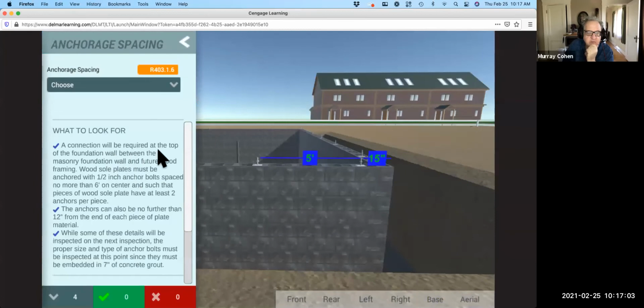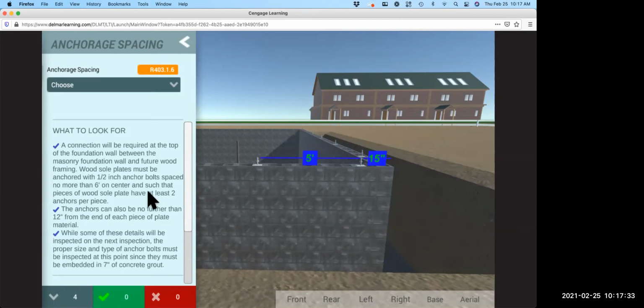A connection will be required at the top of the foundation wall between the masonry foundation wall and future wood framing. Future means that's going to come up. There's no framing there now. Wood sole plates must be anchored with a 1/2 inch anchor. So the sole plate is going to sit on top of this and have a hole in it, and this rod, or that bolt, sorry, is going to go through it.